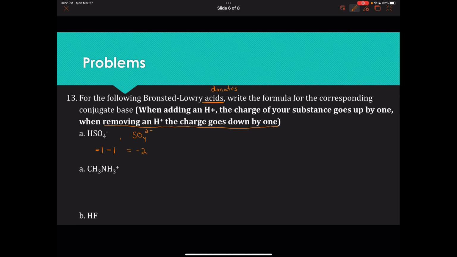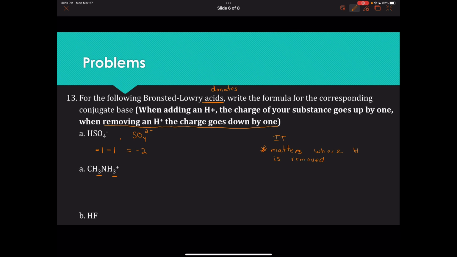Then we've got CH3NH3 plus. Again, we've already said that these are acids, so it's going to donate a hydrogen. When we go to take a hydrogen off here, it matters where we remove the hydrogen from. So I've got the CH3 here, and I've got the NH3. So again, it matters where we take the hydrogens off.